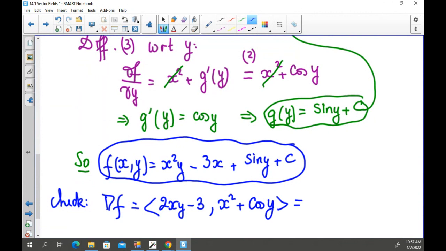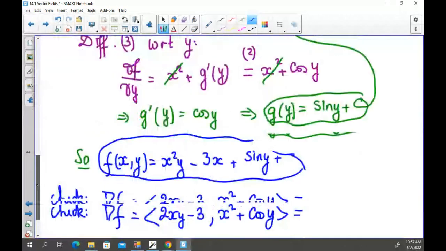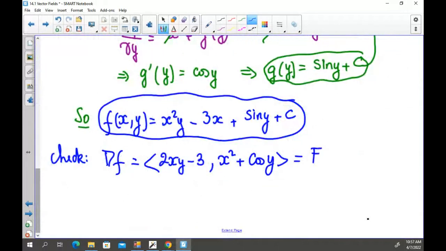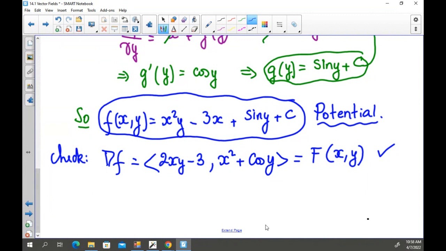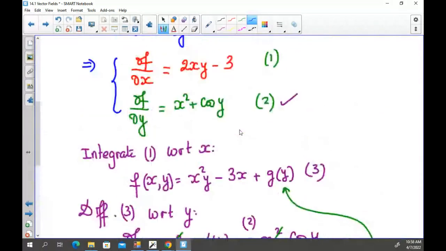You can go back and see that it's exactly the vector field we started with. So yes, it's okay. We have found the potential of the vector field we started with. Does that make sense?